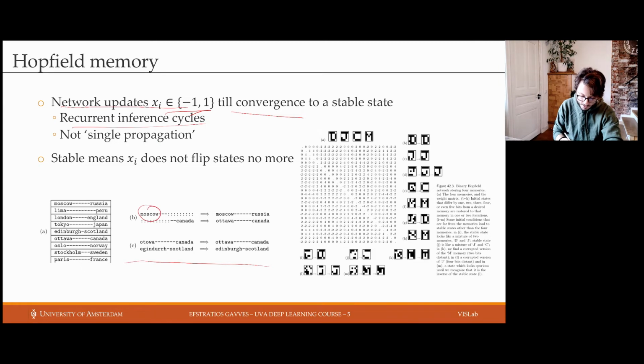If I have Moscow, of course by training properly on the training set, then I can complete the pattern and say that Moscow connects to Russia, or that in reverse Canada connects to Ottawa. And in a simple visual example, here are the memories that the Hopfield network has learned, basically to recognize the letters D, J, C, and M.